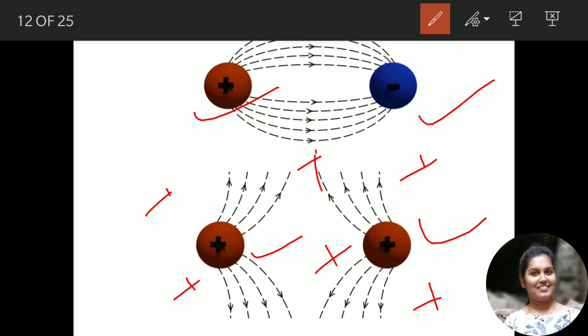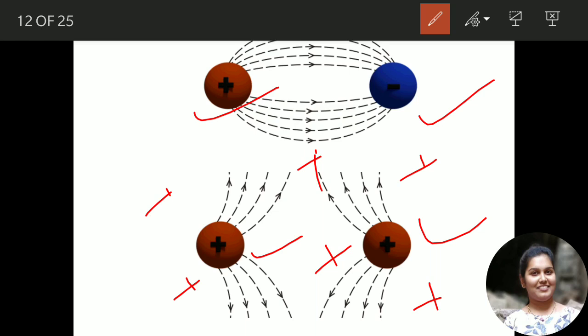The unit positive charge will experience a repulsive force from the plus q charge on which it is placed. It also experiences another repulsive force from the nearby plus q charge. Due to the influence of these two repulsive forces from both sides, the unit positive charge will move away from both plus q charges.